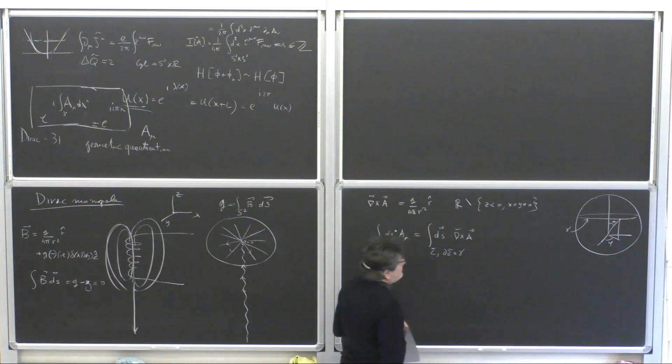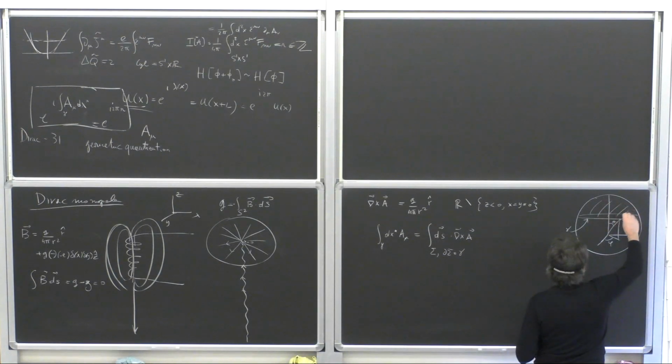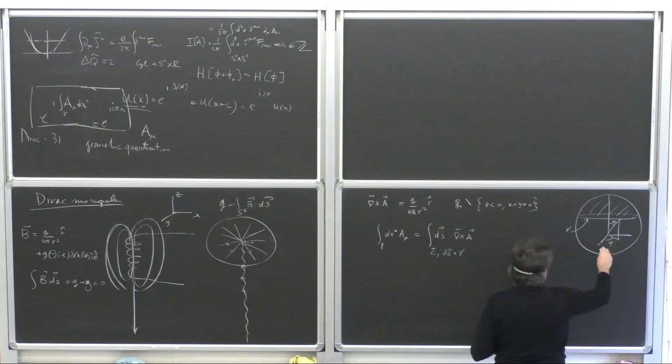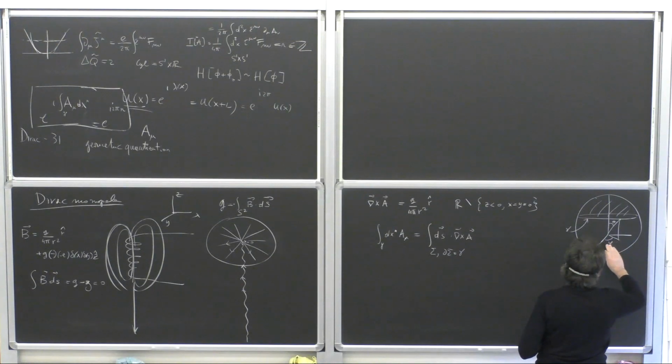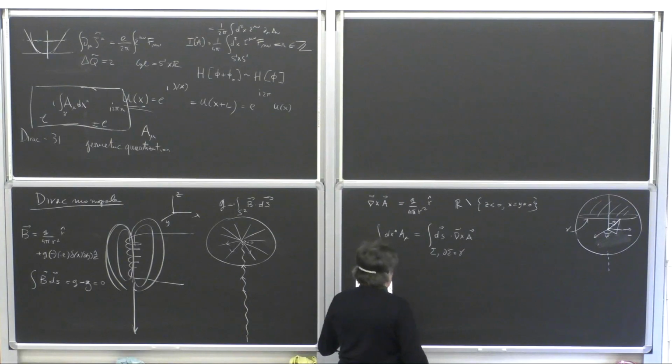And which sigma should I take? I should take the upper cap, because I want to avoid the problem of the string here.